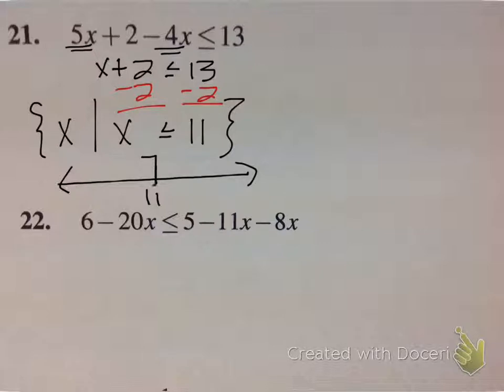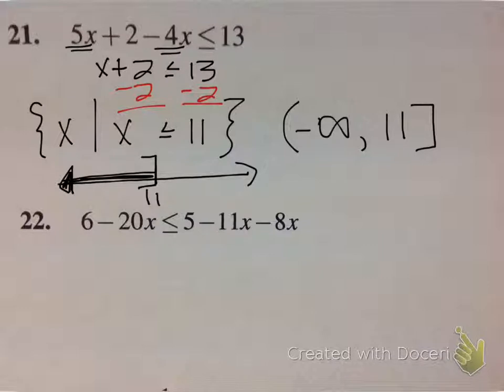But it would be a bracket, and I would shade to the left. That's what the graph would look like, which means my interval notation, my highest number it could be would be 11, and it's going to negative infinity. So depending on how the problem wants you to write the answer, we have interval notation, set builder notation, and a graph.